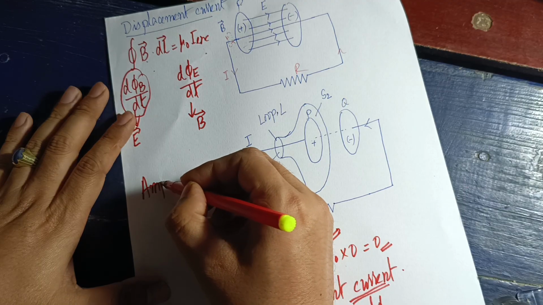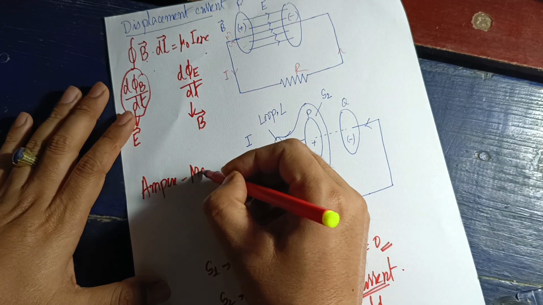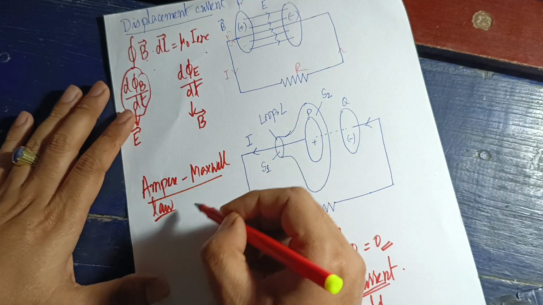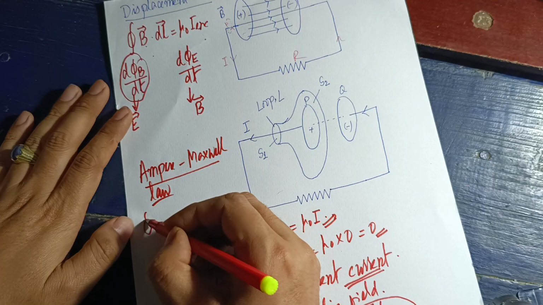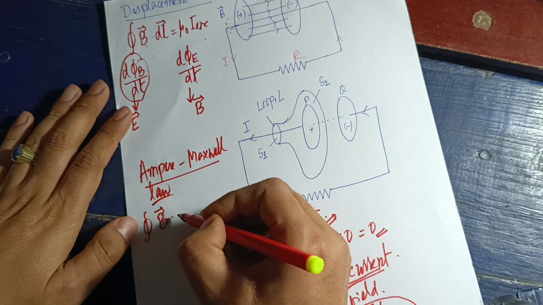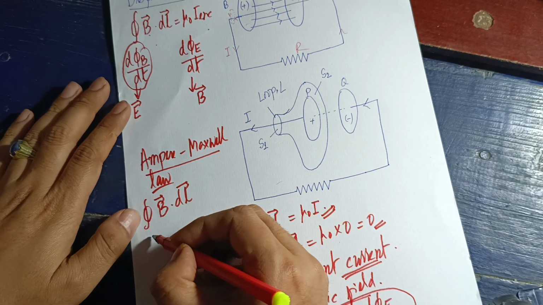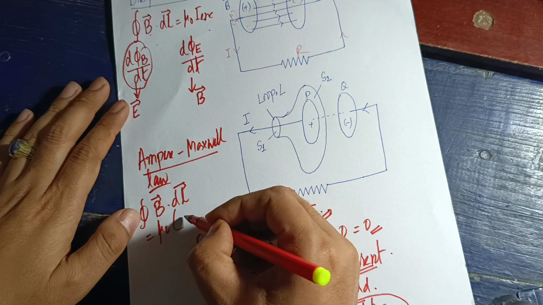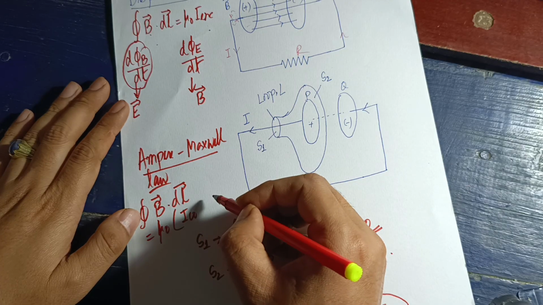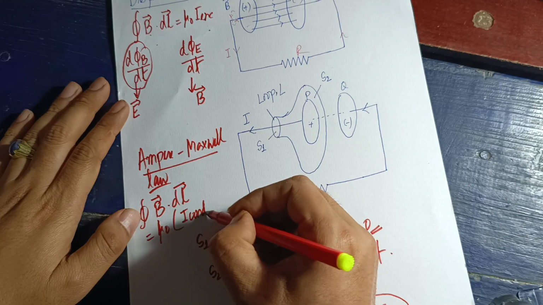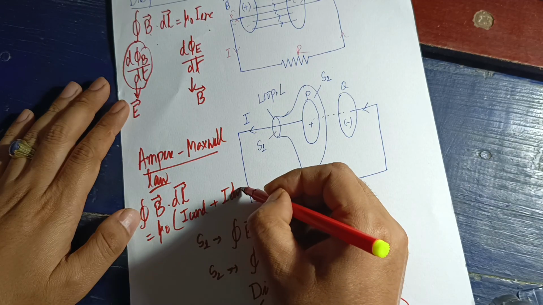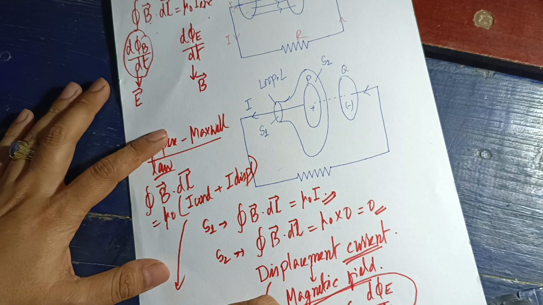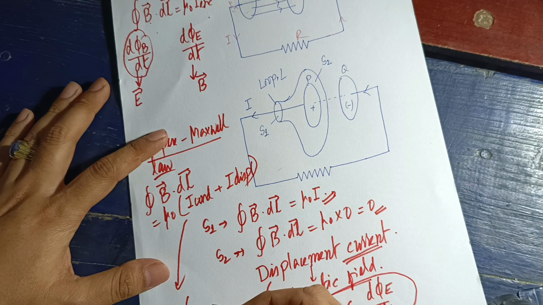So this is the modified law: the line integral of magnetic field is equal to mu naught times the conduction current, that is the current which is flowing through the wire, plus I displacement.